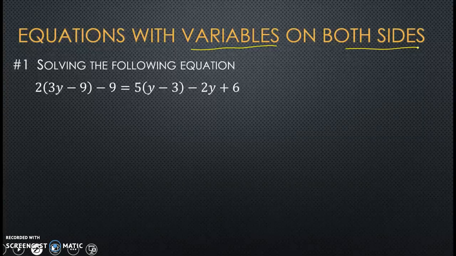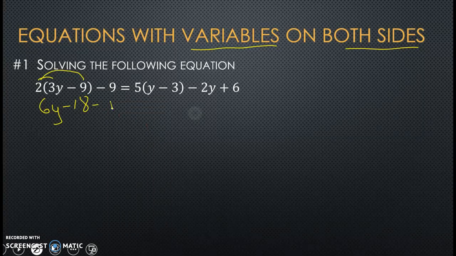If not, let's go ahead and solve this together and see if we can come up with the correct answer together. The first thing we'd want to do is simplify both sides. So I'm going to start here on the left by using the distributive property. 2 times 3y is 6y, and then 2 times negative 9 is negative 18, minus the 9, and that can simplify to 6y minus 27. On the right-hand side, I can also use the distributive property.